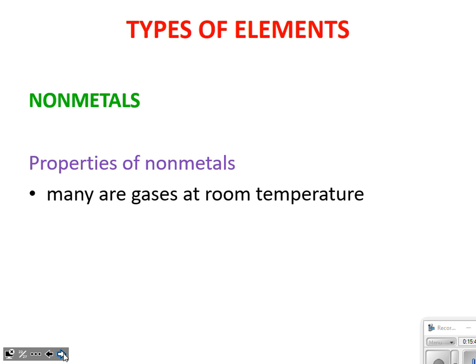Find where the gases are. Where do you think the nonmetals are? What side? The right side, because that's where the red ones are, correct? Those right side red ones are telling us that they are gases at room temperature. Once again, it says many, because not all nonmetals are gases at room temperature.